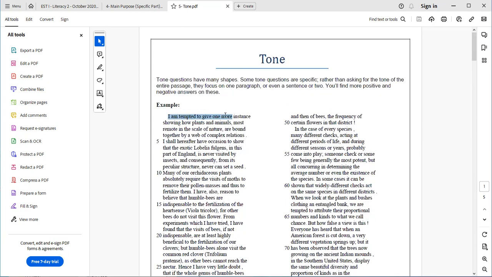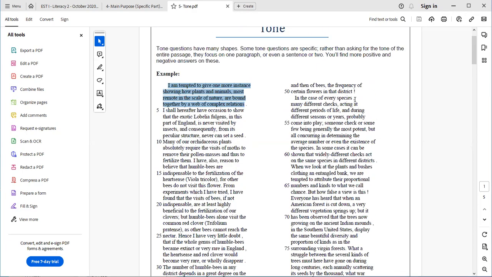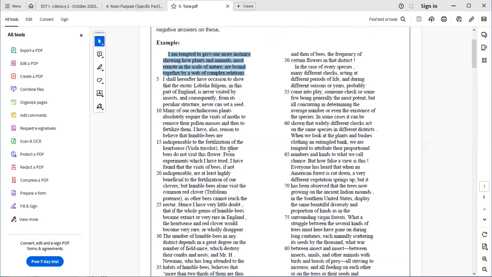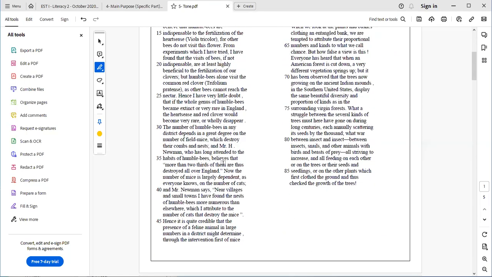I'm going to concentrate on the first sentence of the first paragraph and the last sentence of the first paragraph. So the first sentence of the first paragraph, and only this kind of question, and the last sentence of the first paragraph. Take care.